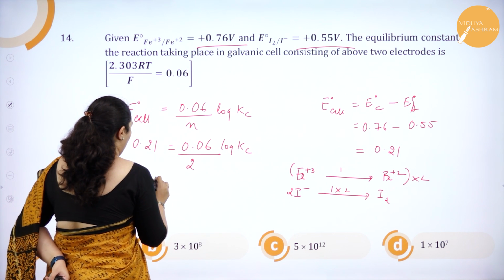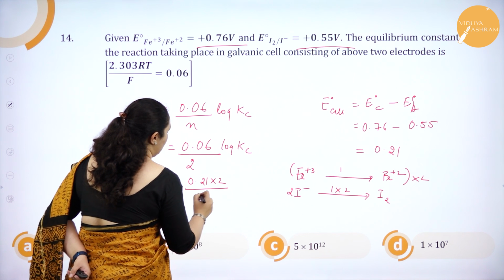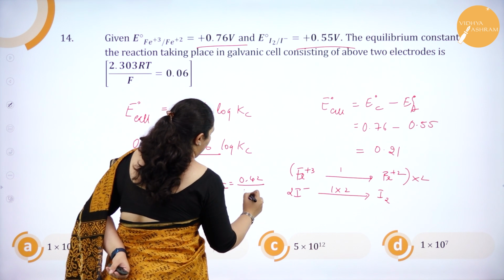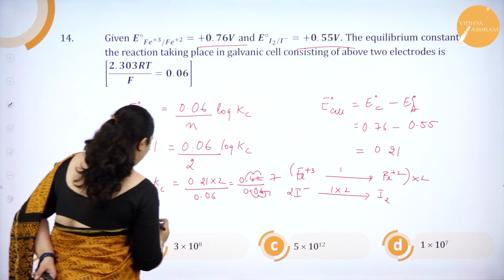So I have log Kc is equal to 0.21 into 2, 0.06, that is 0.42 by 0.06. Move the points, 6 ones are 6, 6 sevens are 42.